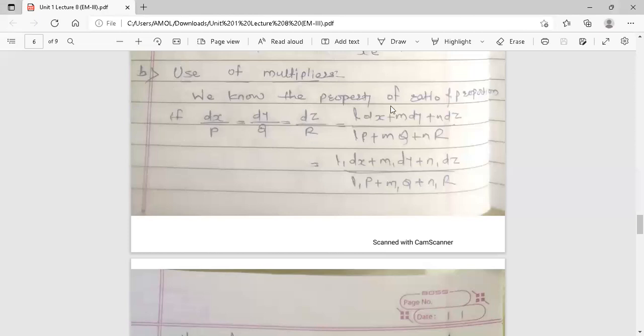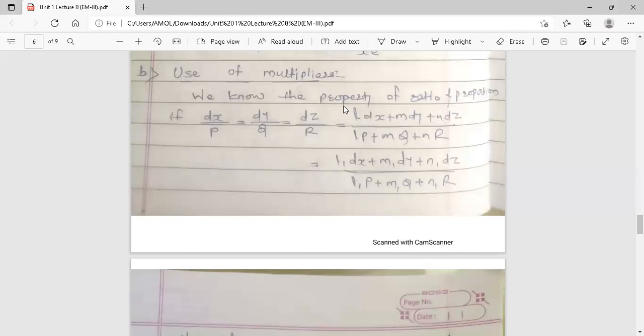Using the property of ratio and proportion, we can write dx/p = dy/q = dz/r = (L dx + m dy + n dz)/(Lp + mq + nr), which is also equal to (L1 dx + m1 dy + n1 dz)/(L1p + m1q + n1r).